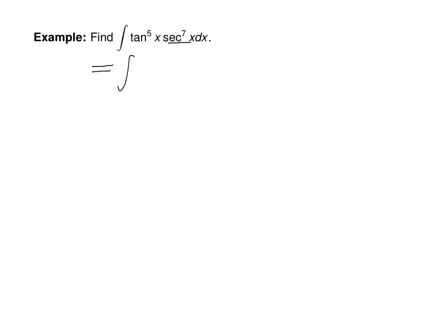So this becomes the integral of tangent to the 4th x, secant to the 6th x, times tan x secant x dx. And you remember, the function whose derivative is tan x secant x is actually secant.